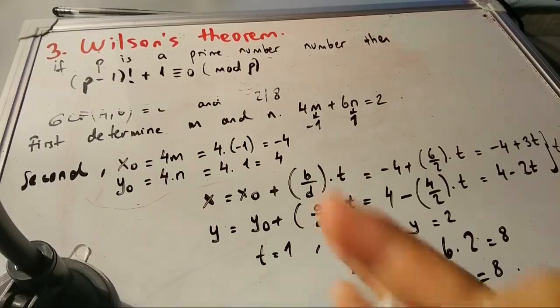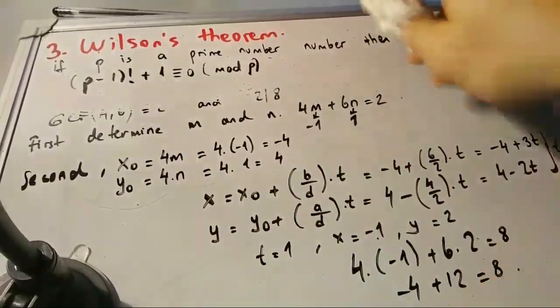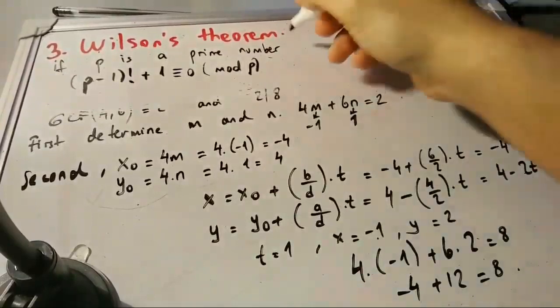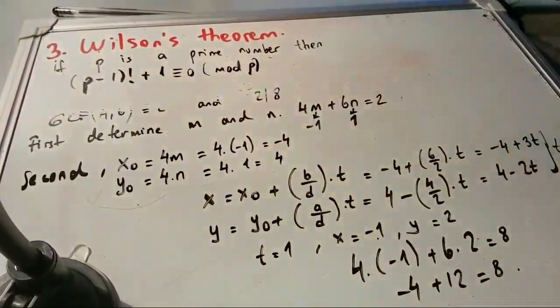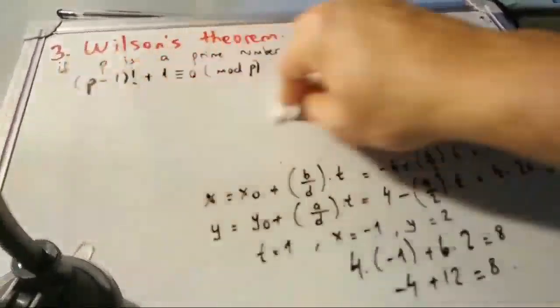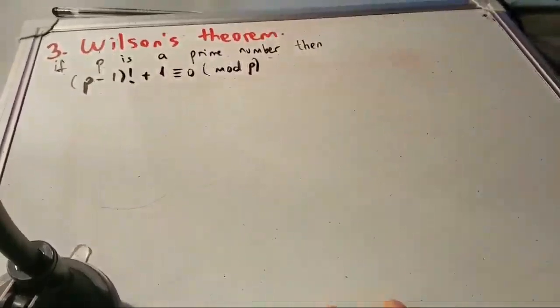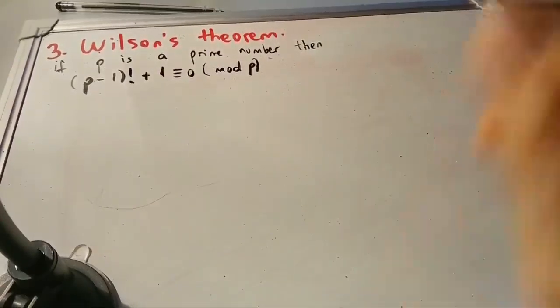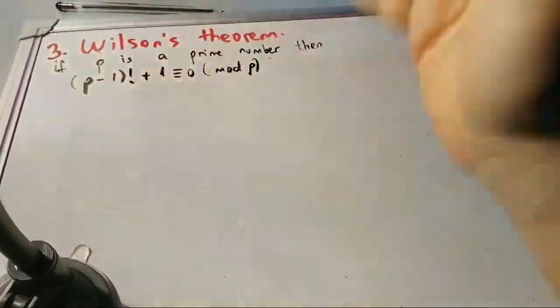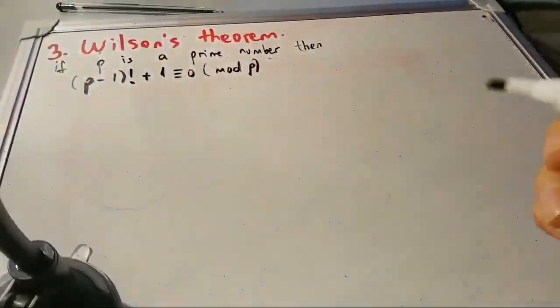By the way, can I clean this solution? Wilson's theorem says if p is a prime number, then (p minus 1) factorial plus 1 is congruent to 0 in mod p.